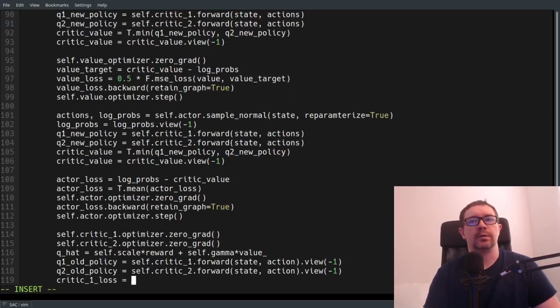Q1 loss equals 1/2 of the mean squared error loss between the policy and Q hat.